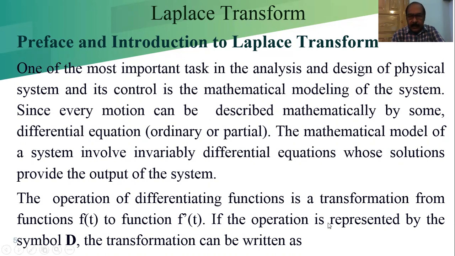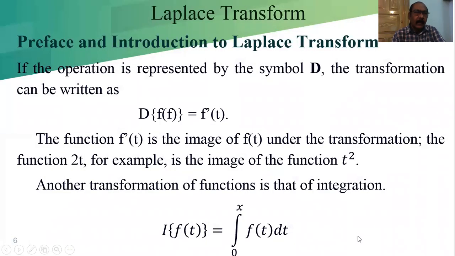If the operation is represented by the symbol capital D, the transformation can be written as D of f(t) equals f'(t). The function f'(t) is the image of the function f(t) under the transformation.